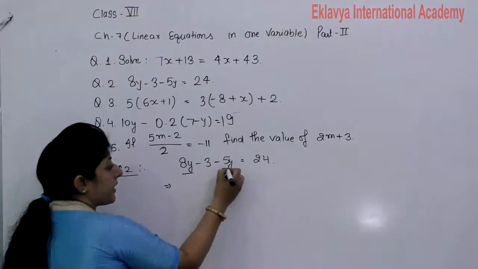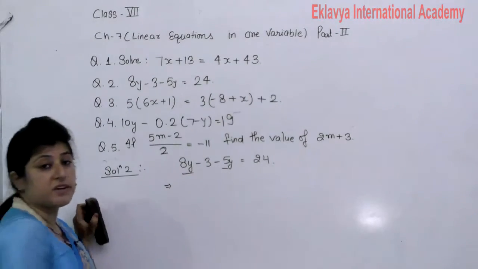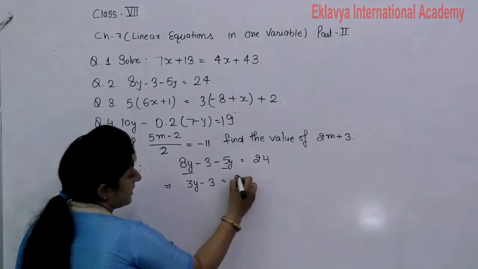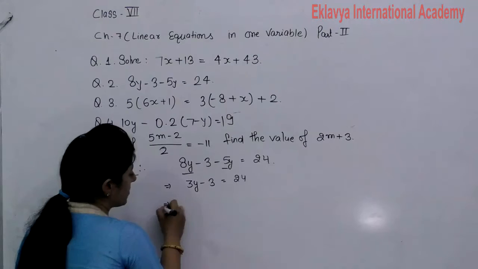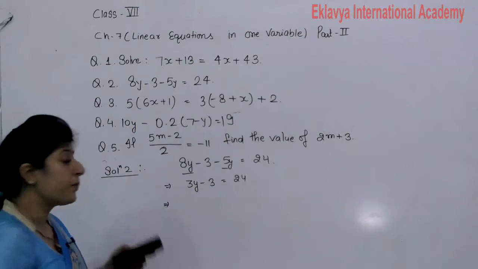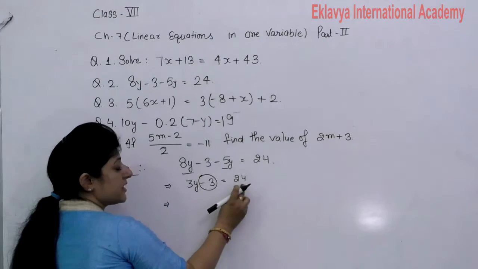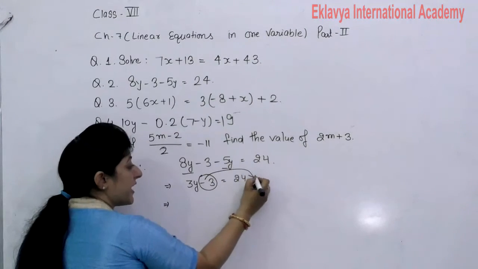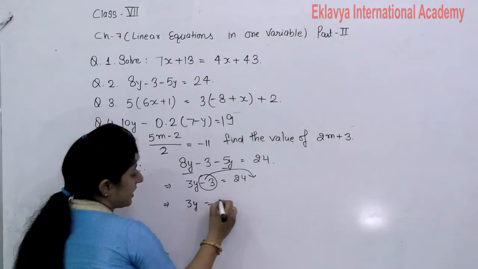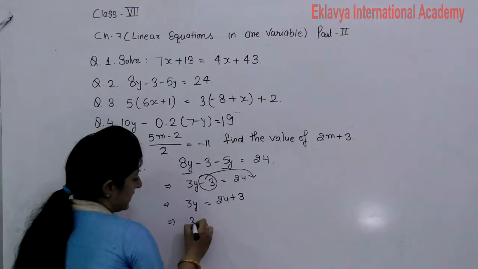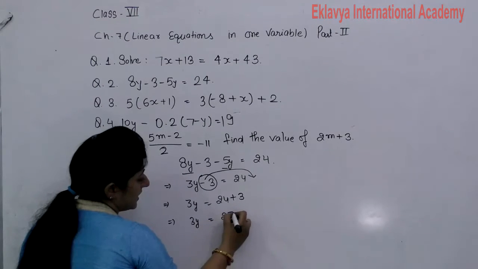Then 8y minus 5y, 8 minus 5, 3. 3y minus 3 is equal to 24. I am using the transposing method now. Then this minus 3 is a constant term, this is also a constant term. When you change the side, then it will come 24 plus 3. Then 3y is equal to 27.